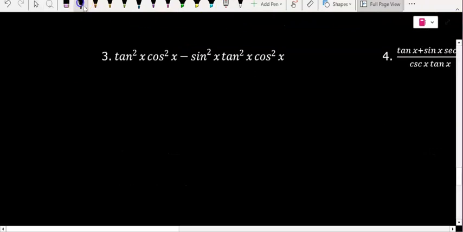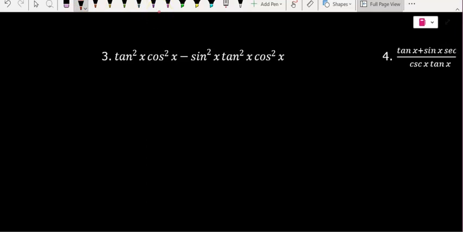So this one looks a little bit more complicated. So let's go ahead and look and see. If I notice all of these are squared, the reason I'm not turning any of these into my Pythagorean identities is because if I did, say for example, let's just pretend and change cosine squared, that would be 1 minus sine squared.